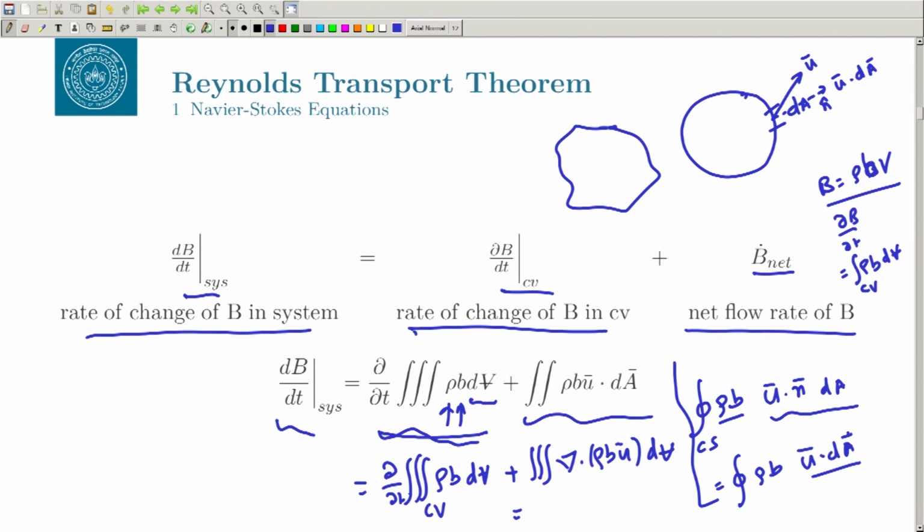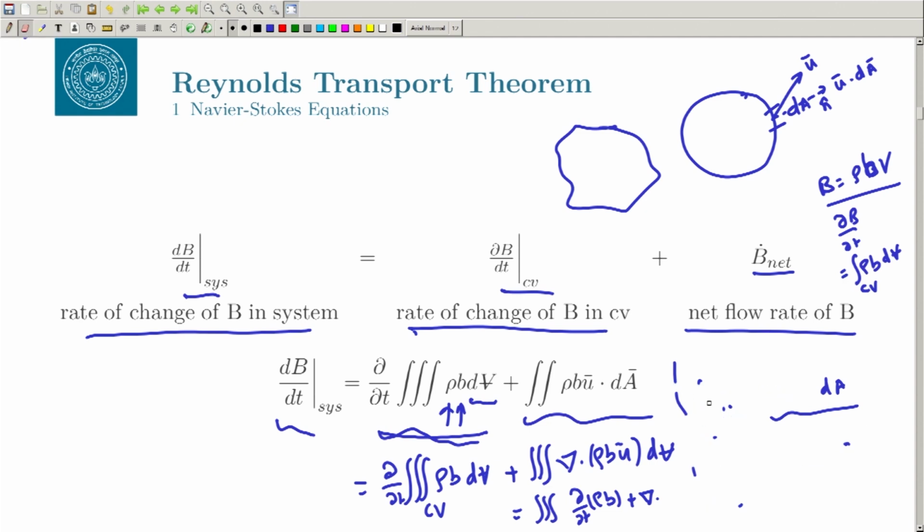This is surface and this is volume, so the expression will be the integral of del by del t rho b plus del dot rho b u, dV. So, this is your relation, for the control volume and for the system.